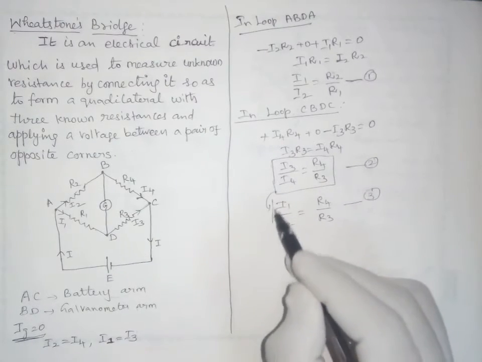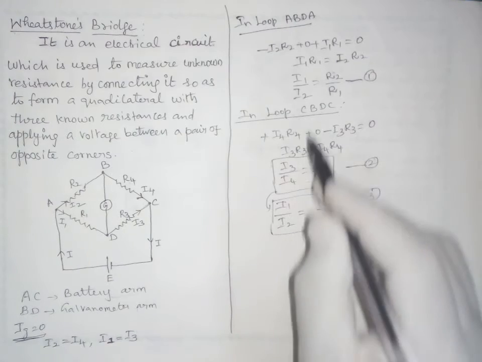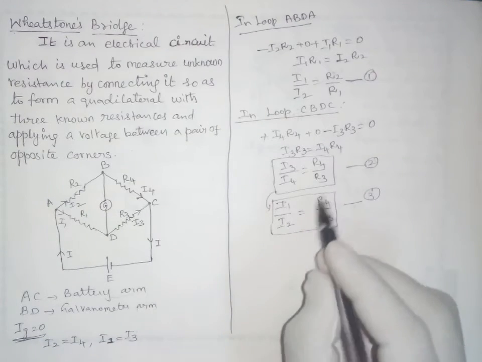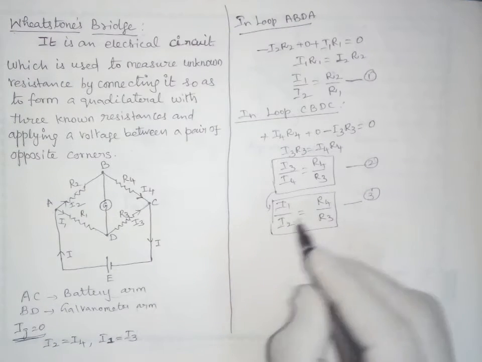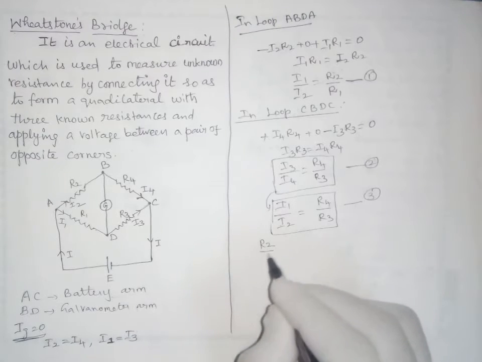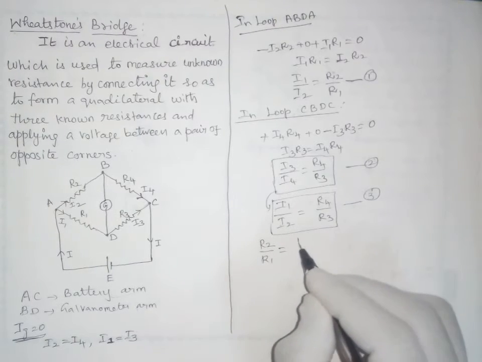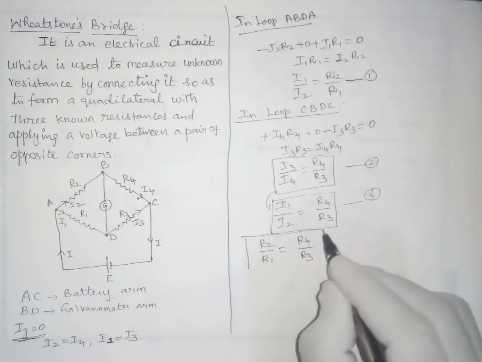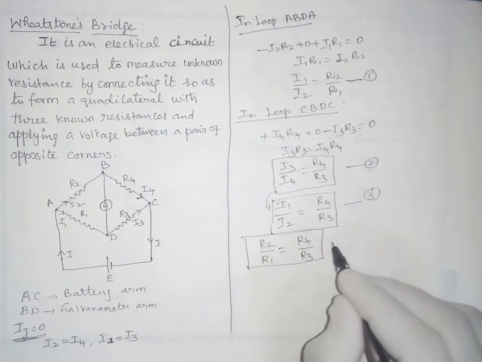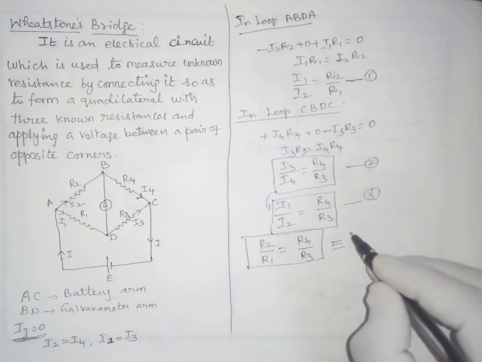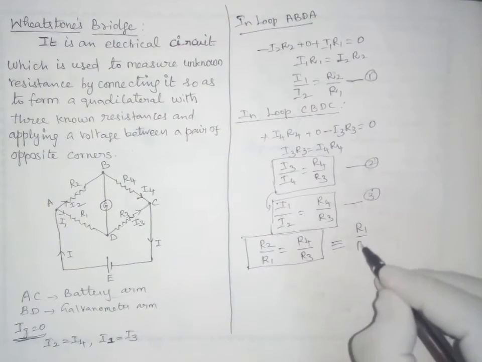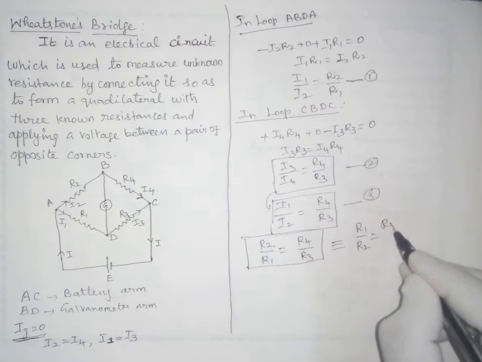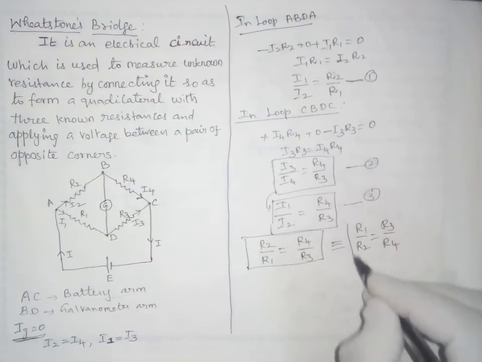Now compare equations 1 and 3. Both are the same on the left side, so the right hand side is also the same. So we can write R2 by R1 equal to R4 by R3. Similarly, taking the reciprocal, R1 by R2 equal to R3 by R4.